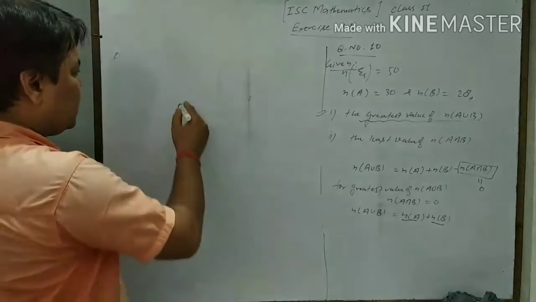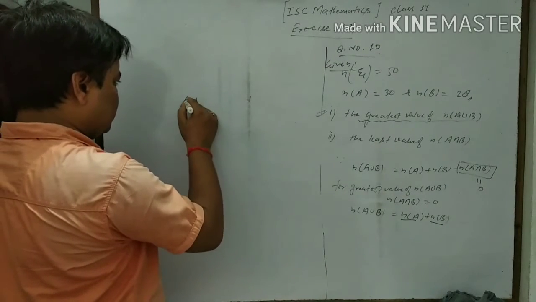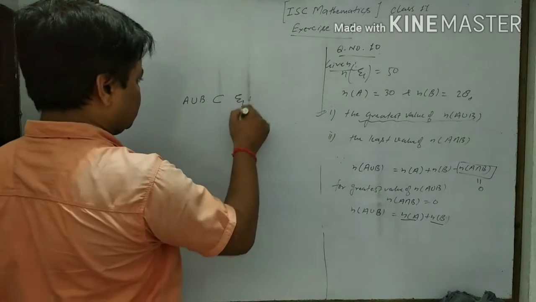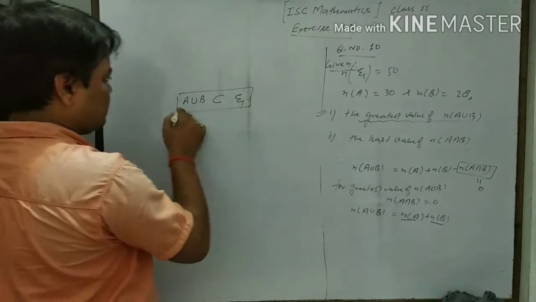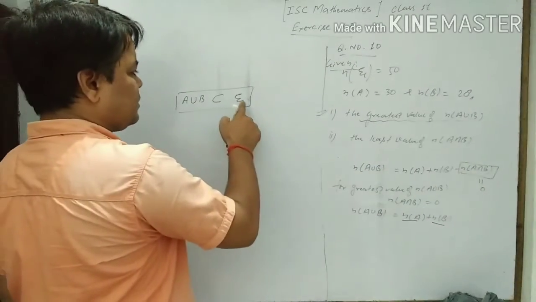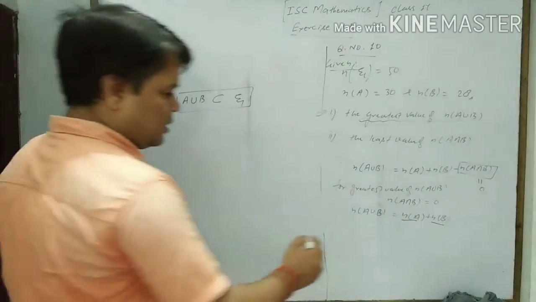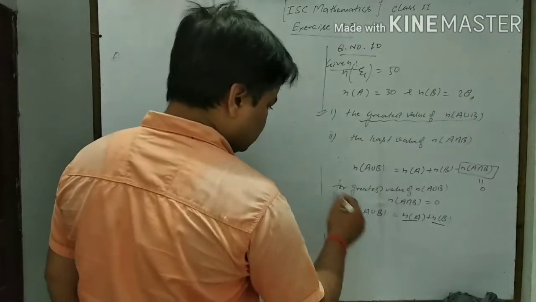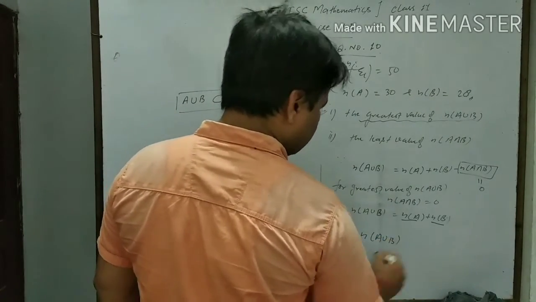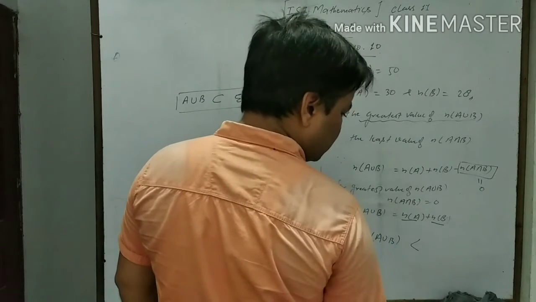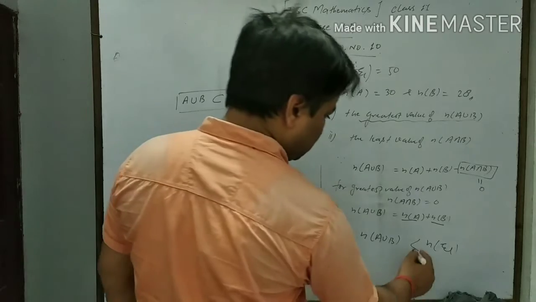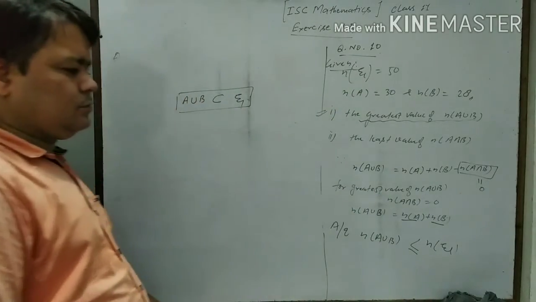But we know that here A union B is a subset of the universal set. We know that. Means A union B is a subset of this. Now, according to the question, the cardinal number of A union B will be either less than the cardinal number of the universal set or equal.